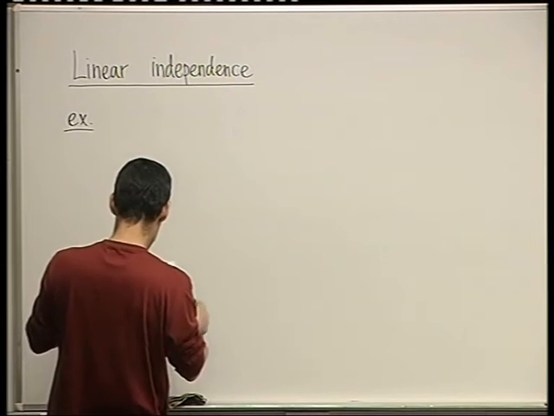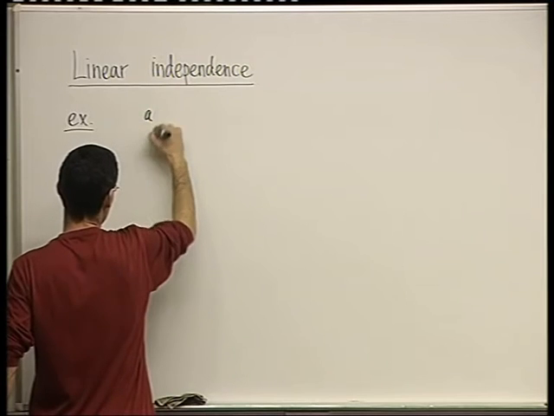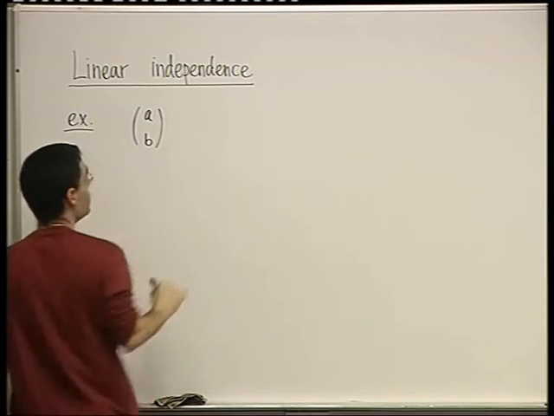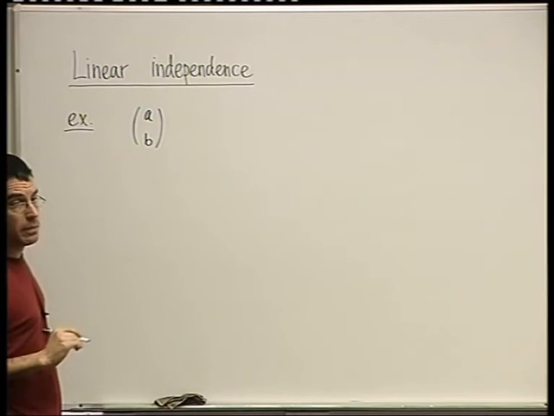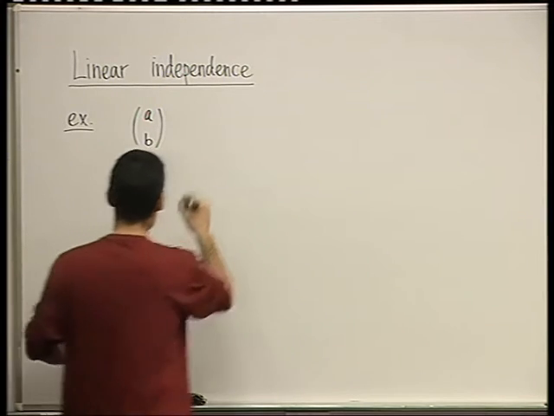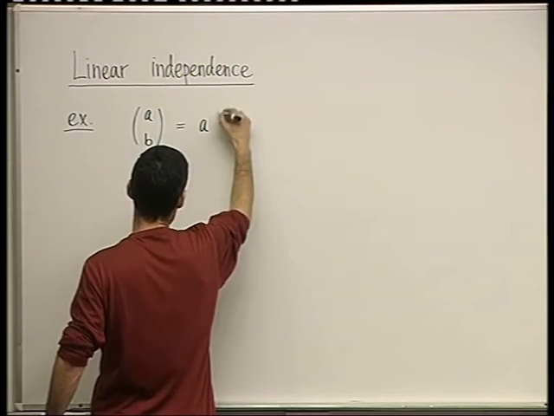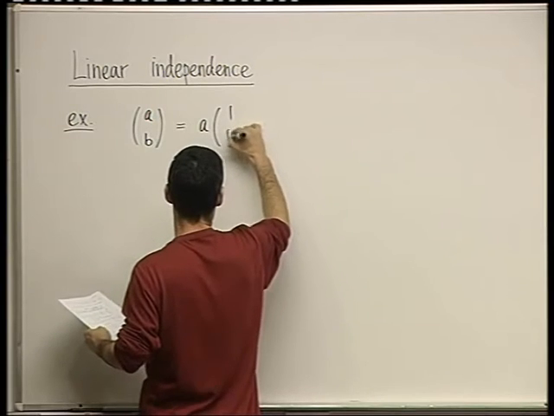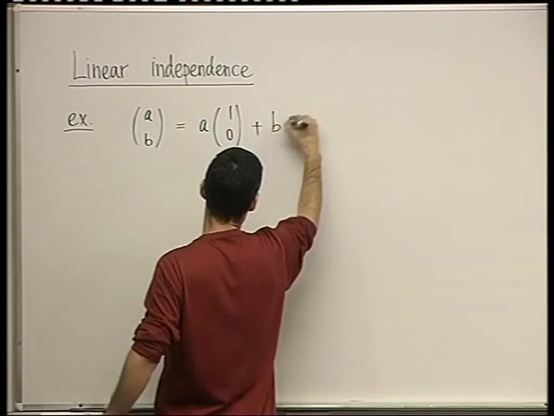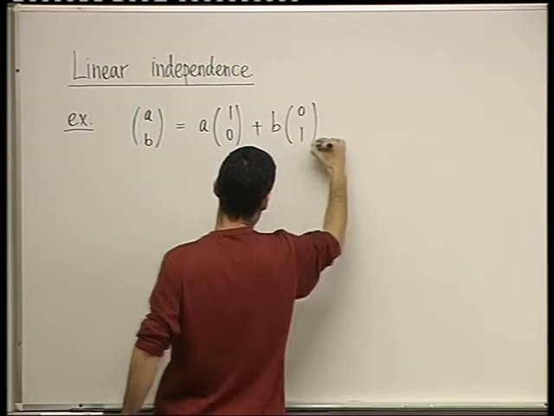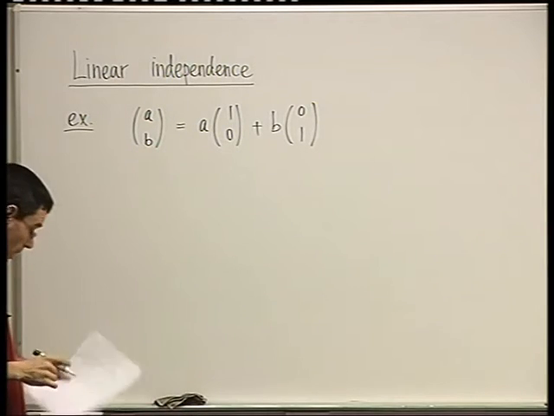Suppose we have a general element in R2, (a, b). It can be written as a times (1, 0) plus b times (0, 1). Do you agree? Okay.